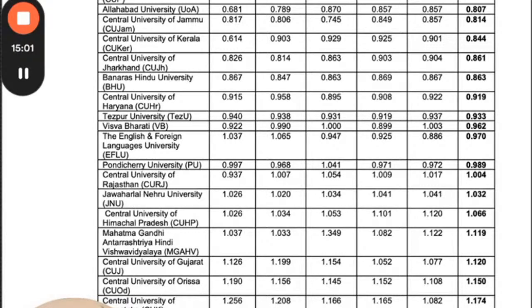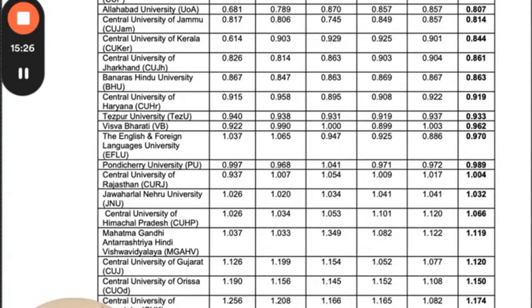Even in University of Delhi, it is around 0.7, but I'll come to University of Delhi later. If you see Central University of Tamil Nadu in 2015, it was very, very low. It was only 27.1% of the reservation that was given, but it actually increased to 1.001 in 2019.